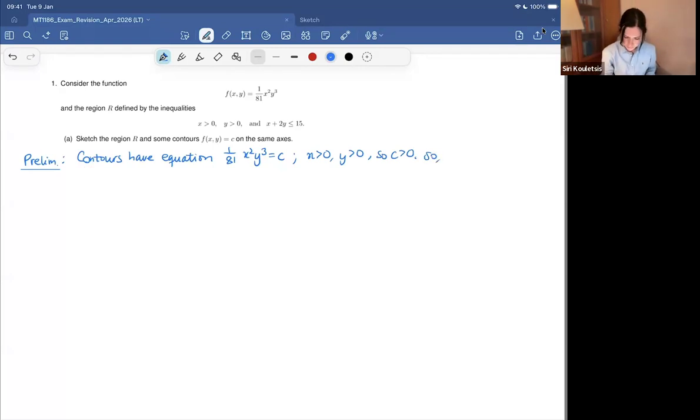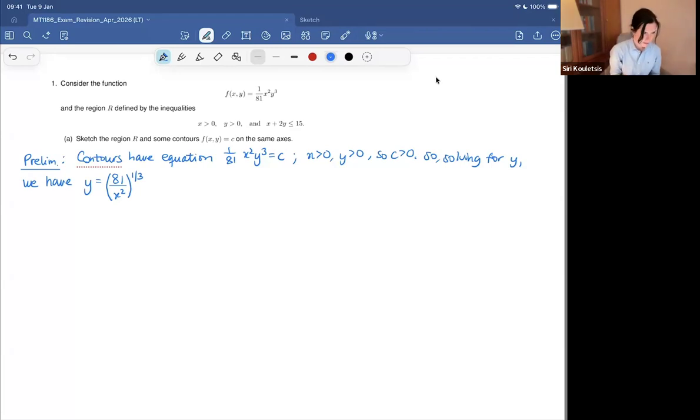And now I can solve for y here, to see what we get. Okay, 81 over x squared, all raised to the power of a third.